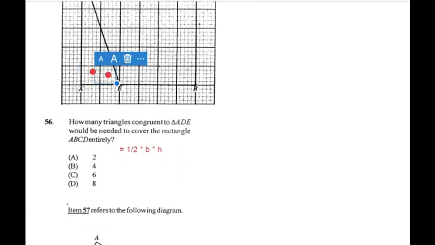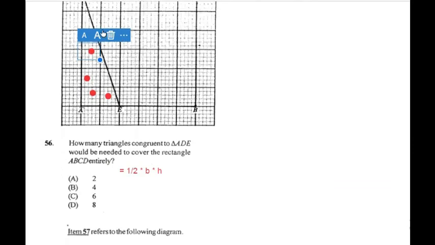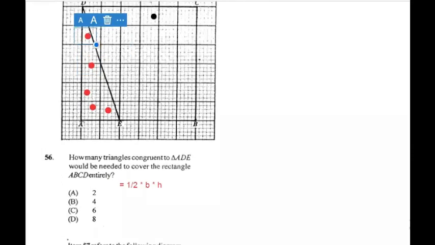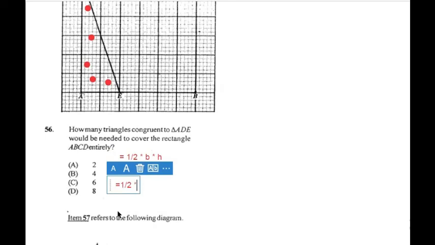This question also was worked on in the 2013 paper, and the height would be 1, 2, 3, 4, 5, and then the other 6. So area is equal to half times the base, which is 2, times the height, which is 6, and that would equal 6. So the 2 cancels the 2 with the 6. So our answer for 56 is C.